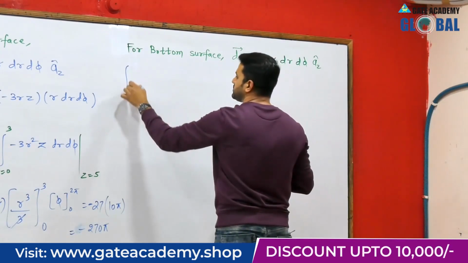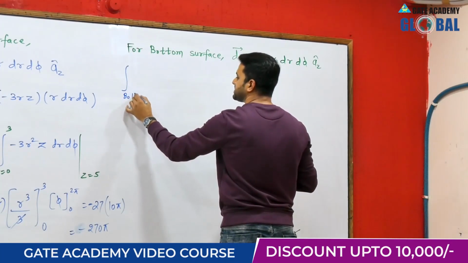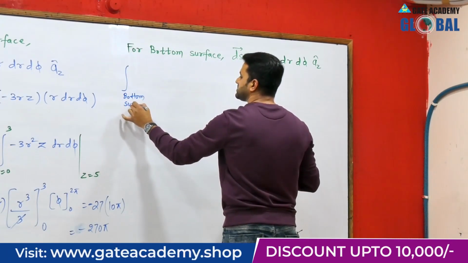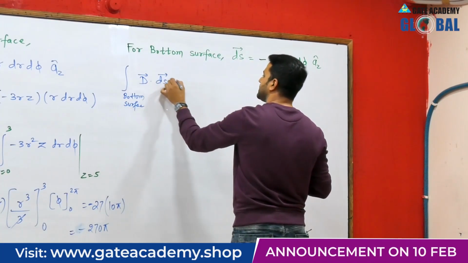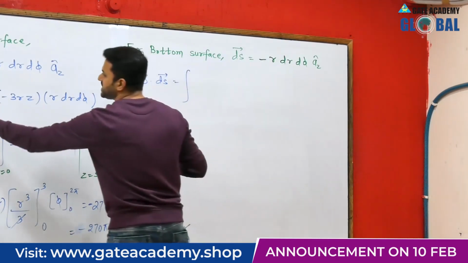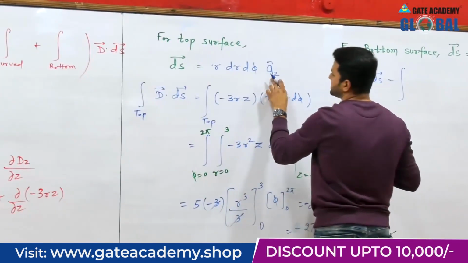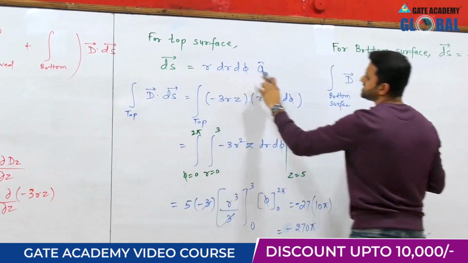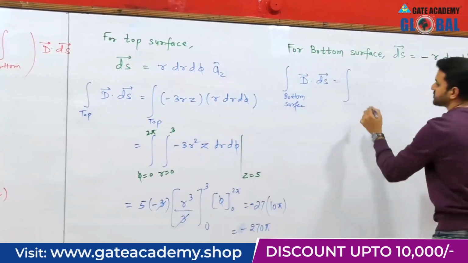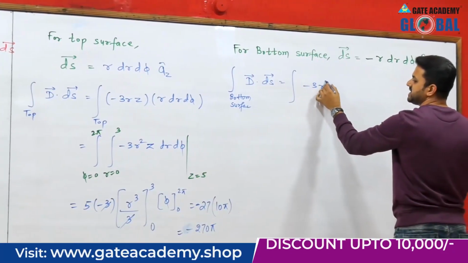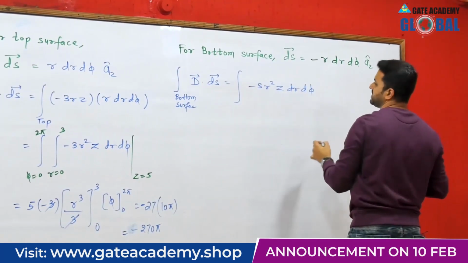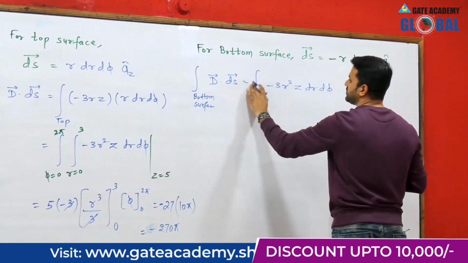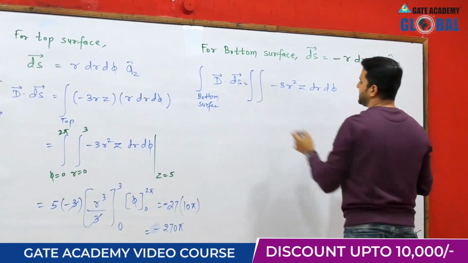So now we have to solve for the bottom surface. For this bottom surface D dot dS, we know that if the direction of the surface is az, then it is minus 3r square z dr d phi, and this is the surface integration, so you can write this as a double integration.